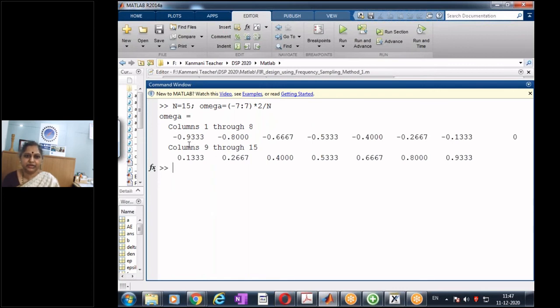So this is now minus 0.933, then minus 0.8, 0.667, 0.53, 0.4, and so on.